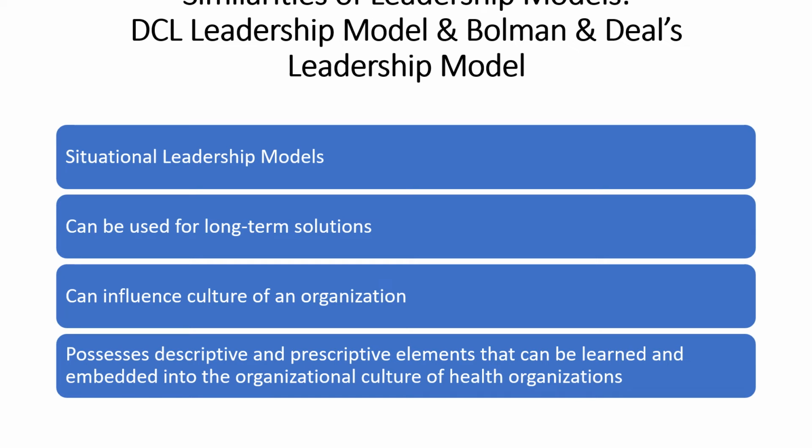Both can be used for short-term solutions. Both can influence the culture of an organization. Both possess descriptive and prescriptive elements that can be learned and embedded into the organizational culture of health organizations.